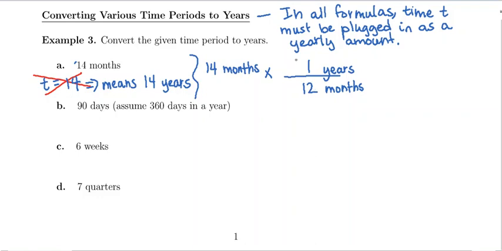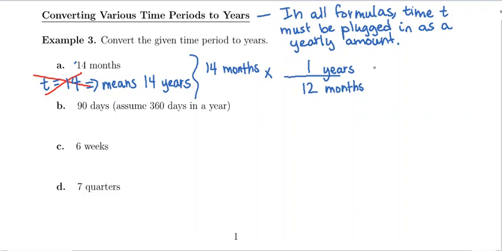So 1 year is equivalent to 12 months, which means this fraction has the same quantity in the top as in the bottom. So really this fraction is 1. Anything divided by itself is 1, so it doesn't alter the 14 months.